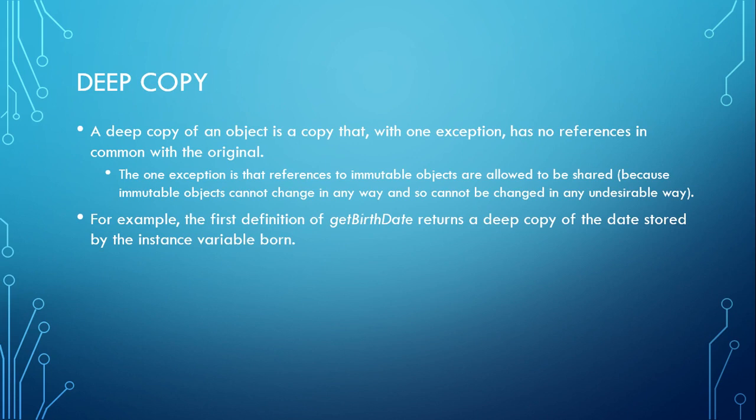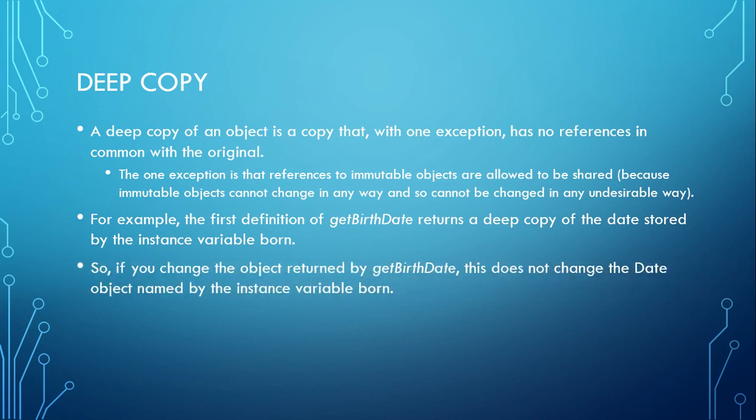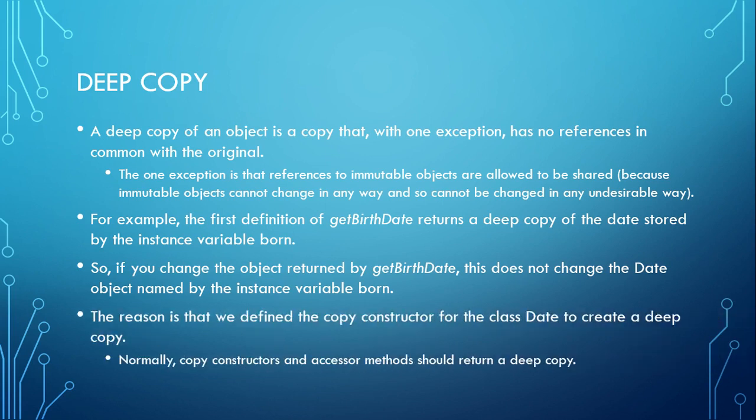Because remember, it's using a copy constructor, it's just like return new Date(born). It didn't simply return born. So if you change the object returned by getBirthDate, this does not change the Date object itself, named by the instance variable born. The reason is that we define the copy constructor for the class Date to create a deep copy. Normally, copy constructors and accessor methods should return a deep copy.